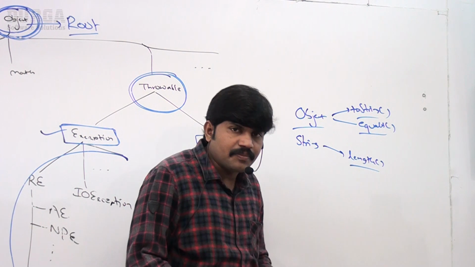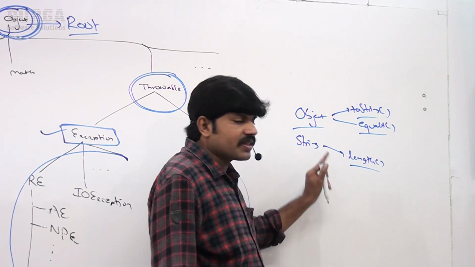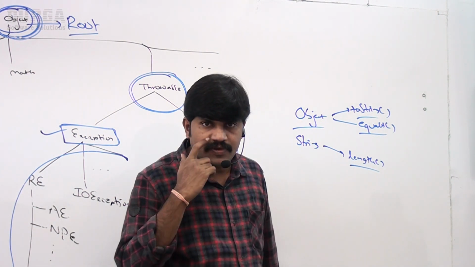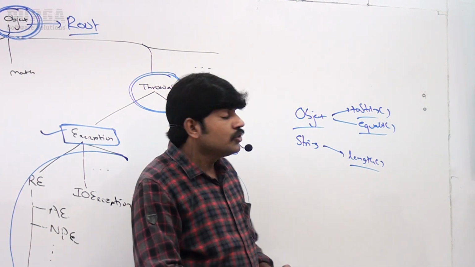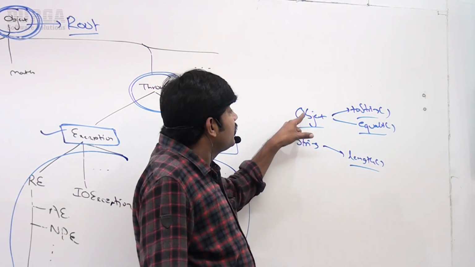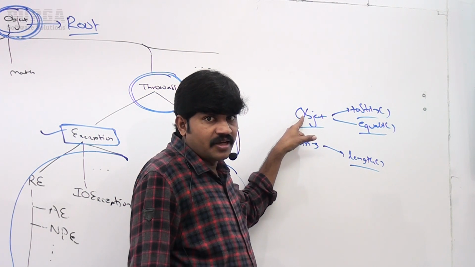This length method is required only for String, but not for Student, not for Customer, not for Dog. That's why String is not the parent. Object is the parent for all Java classes.